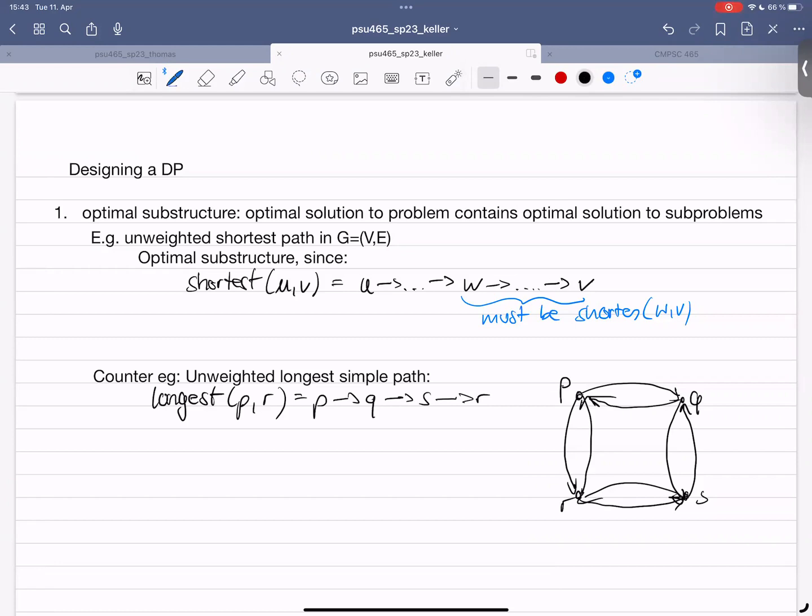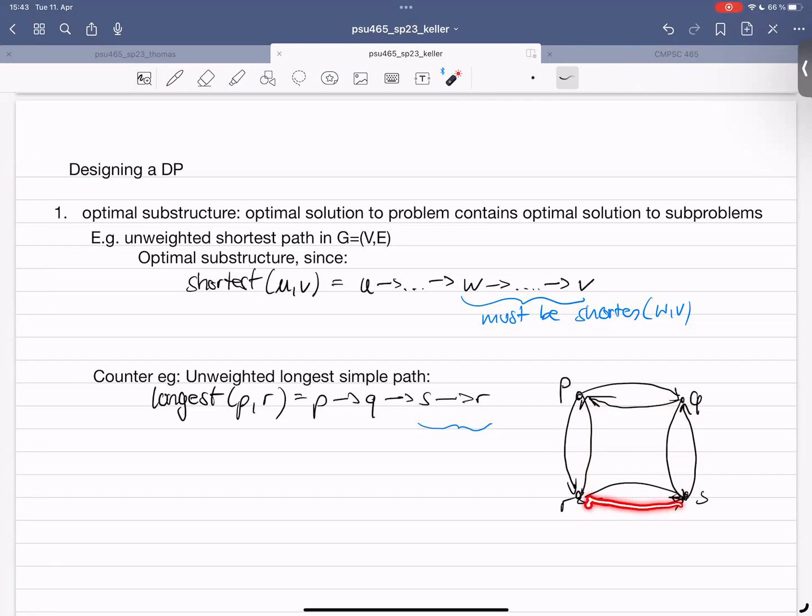But in this case, if you look at this subpath from S to R, then this is not the longest path from S to R, right? Because if you wanted to go from S to R, we would have to go to P, Q to P, and then to R. But in this solution, we only take the shortcut from S to R. So we take this route, which is clearly not the longest path between S and R.